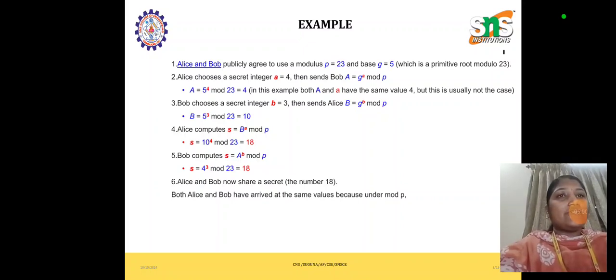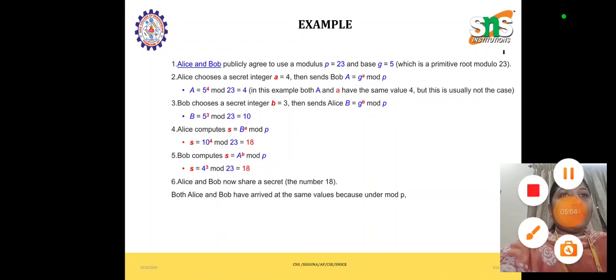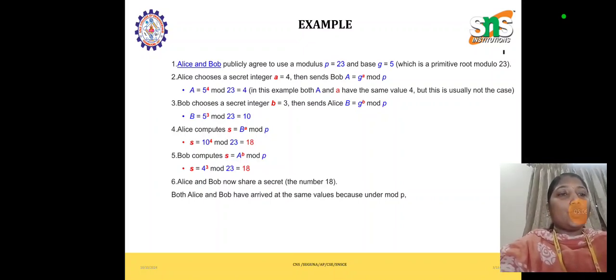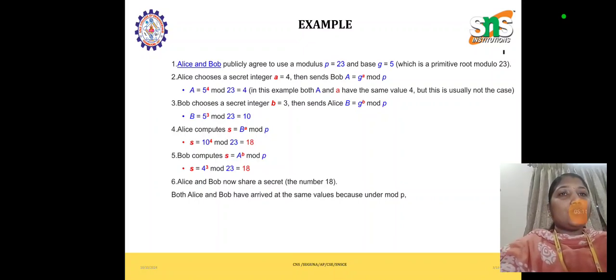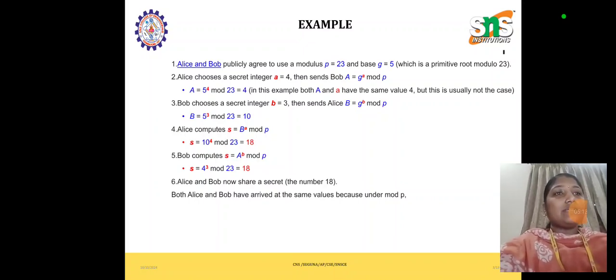Forward secrecy is another major security strength of Diffie-Hellman. If the private keys A and B are properly discarded after use, even if future messages are compromised, past communication remains secure. So these are some of the major things about Diffie-Hellman.